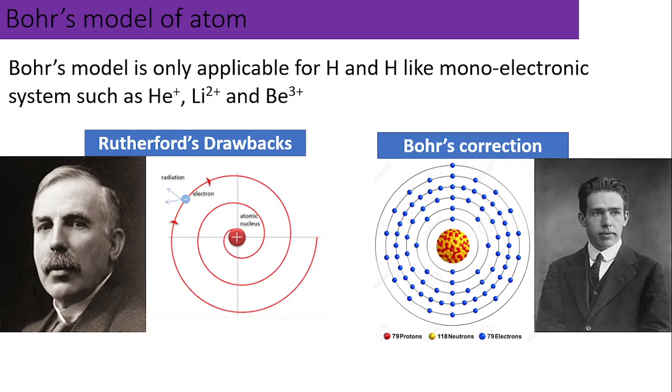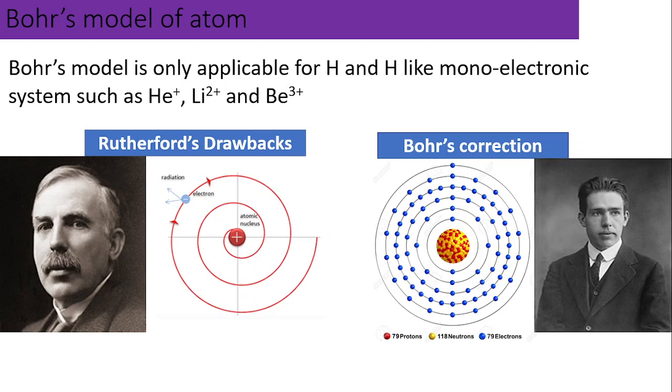Now the problem is, when a charged particle moves, it continuously emits energy. So according to Rutherford, if the electron revolves around the nucleus continuously, it will release energy continuously. As a result, the pathway of the electron will shrink, and at one time it will collapse into the nucleus. That was the major drawback of Rutherford.